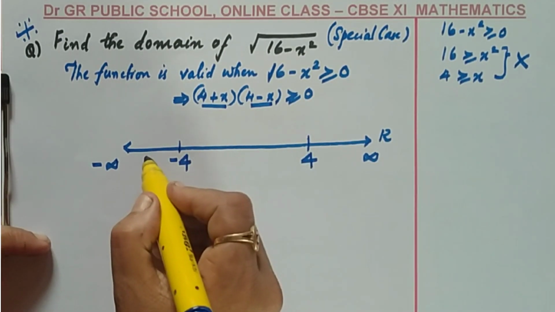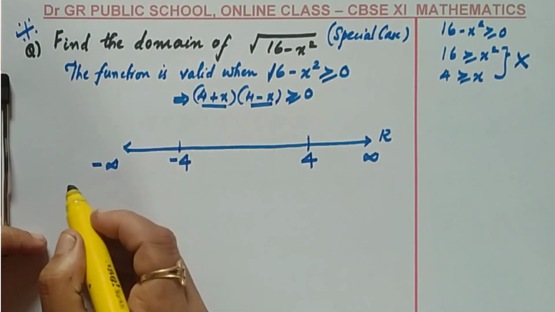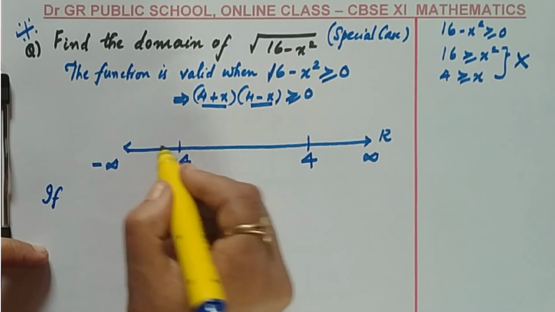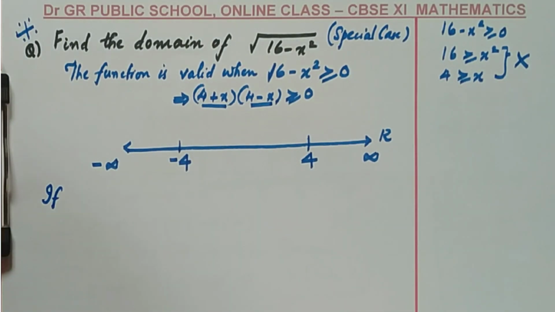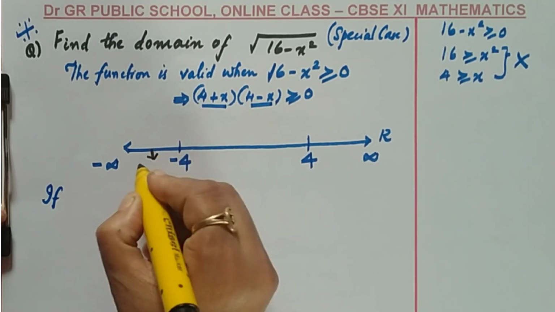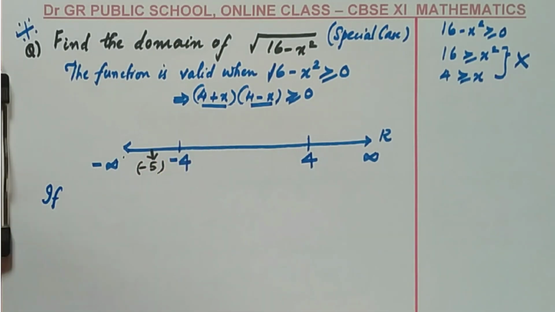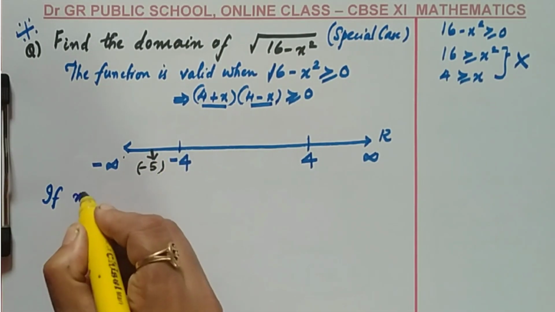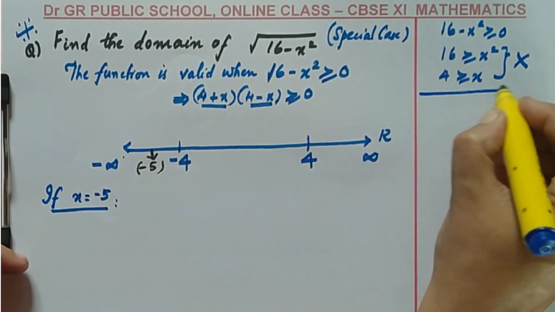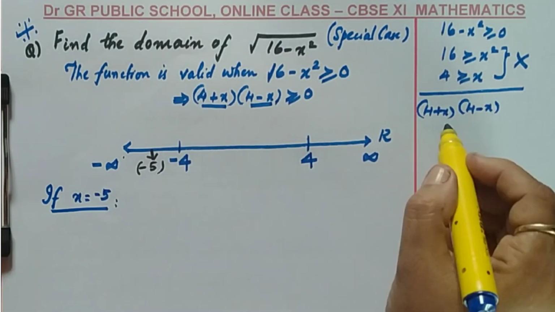Now, you need to check the validity of the given function in these 3 subintervals. If x lies in the interval minus infinity to minus 4, a random value you can take. I am going to take the number minus 5. Minus 5 surely lies between minus infinity and minus 4. If x equals minus 5, what happens to this function? I am going to write the expression (4 plus x) into (4 minus x). Mentally you can do this.